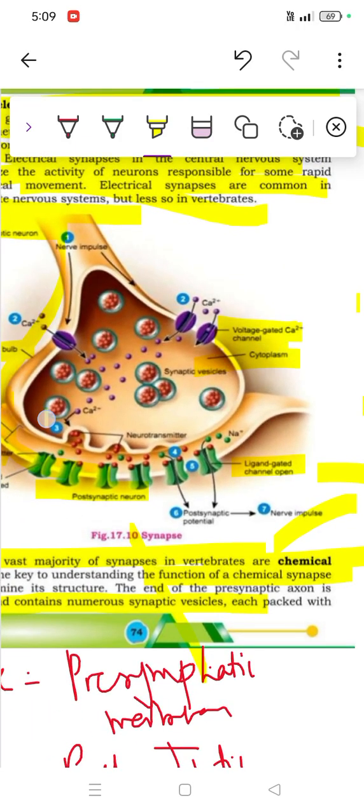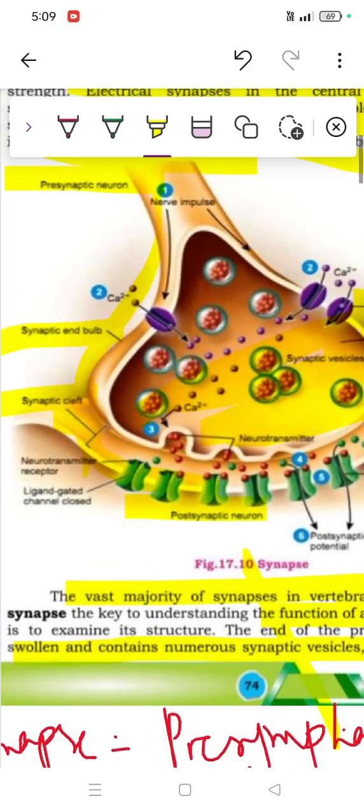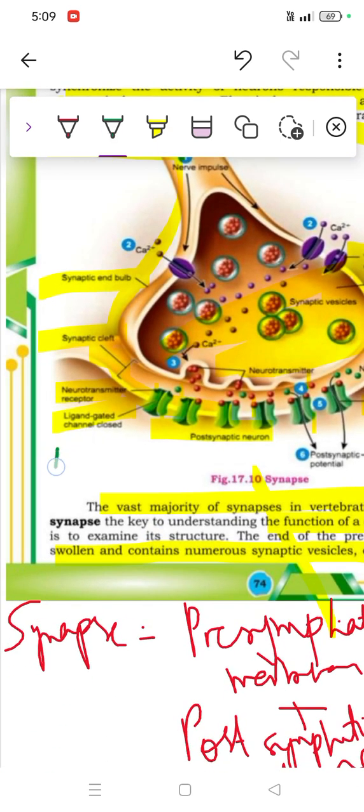The liquid substance present in the structure is called cytoplasm. And the neurotransmitter is simply the chemical you can see releasing out. We have ligand-gated channels. Whenever you see the word gate, it simply means enclosing, so ligand-gated channels open when a special chemical is present. Here the chemical being released is the neurotransmitter, so that's why they are showing an opening.